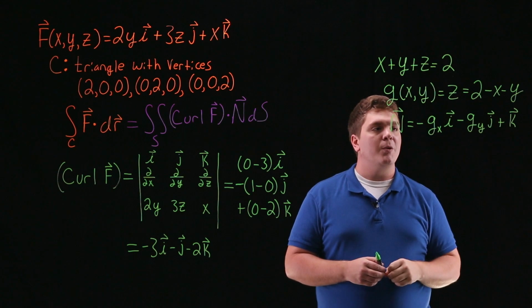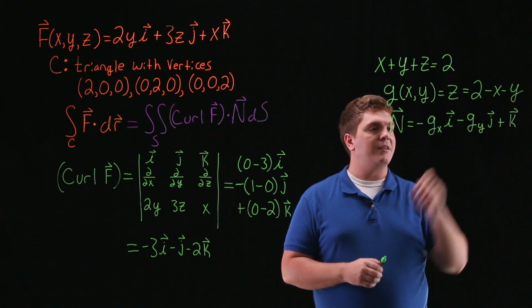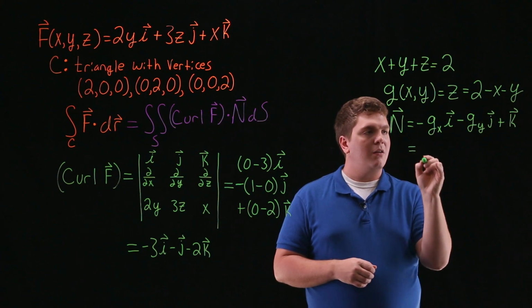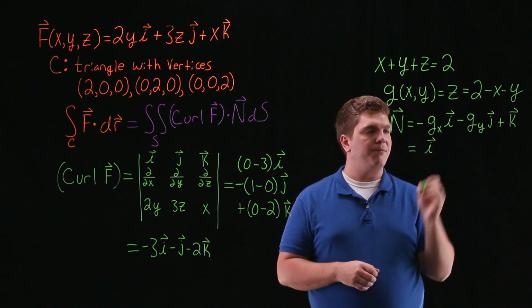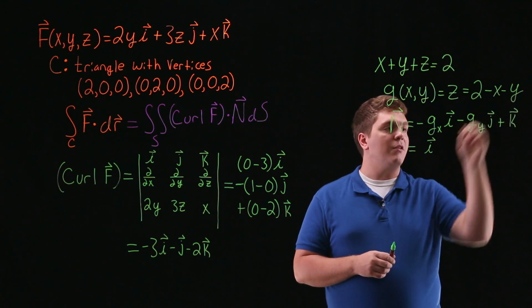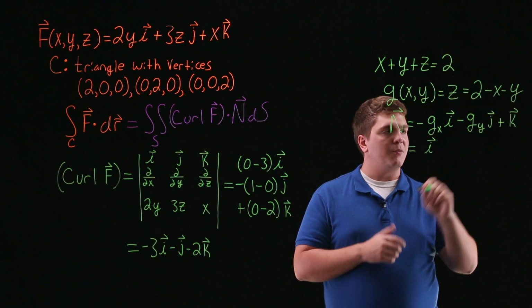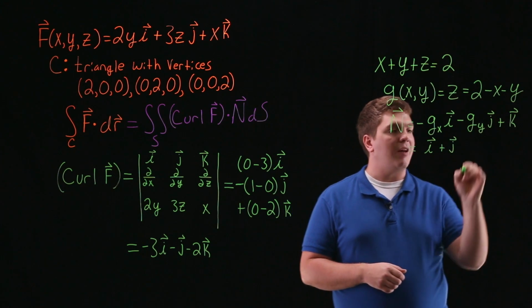The partial derivative of g with respect to x is negative 1, so that gives i. The partial derivative with respect to y is also negative 1, so that gives plus j. And finally, plus k.